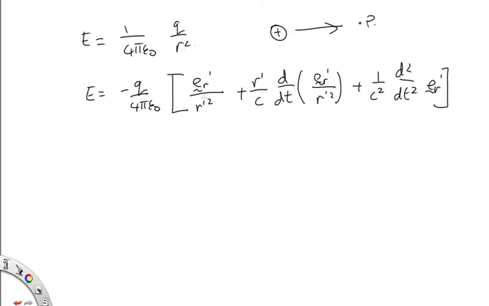What matters is where was the charge when it emitted a signal, and the signals travel at the speed of light. So r' indicates the distance between the charge and the point when light left the object, and e_r', that's the unit vector in the direction between the charge and the point when the signal left the charge. So this term here makes sense. It's just nothing can travel faster than the speed of light, so what matters is where the charge was when light left it, not where it is now.